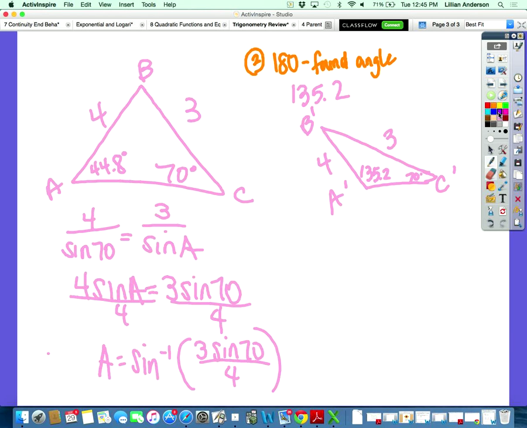Now once you figure out that second potential angle, your last step would be to find the third angle. If it's positive, you have 2 triangles. If it's negative, you only have the one, the one that you originally started with. So what's the third angle in this problem? What's B prime?